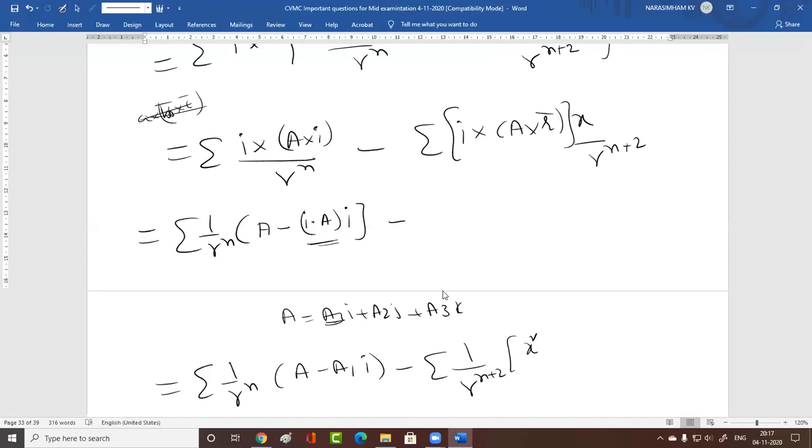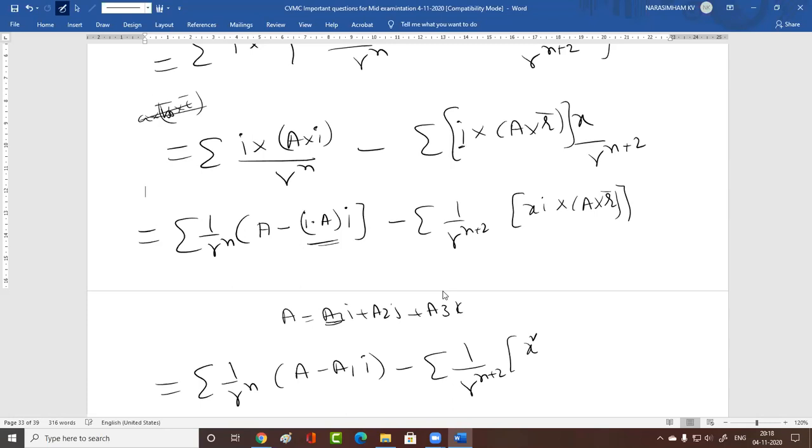Here I will write a simple manipulation. So if you write x here, then what happens? Xi cross A cross R bar. Very simple manipulation. X is a scalar quantity, we can write it anywhere, but I think the suitable place is here.